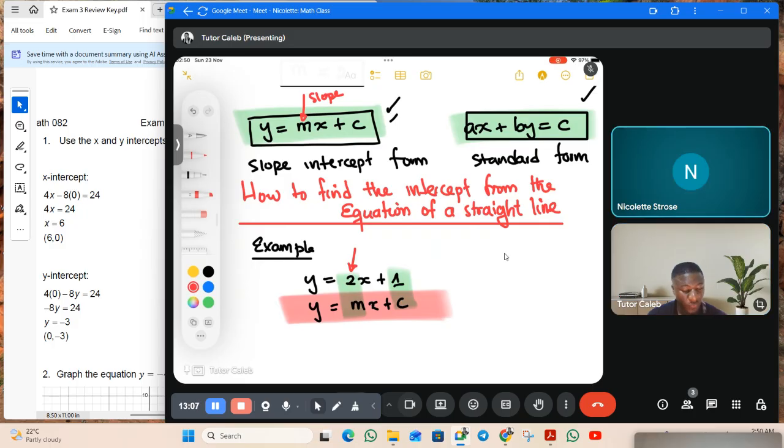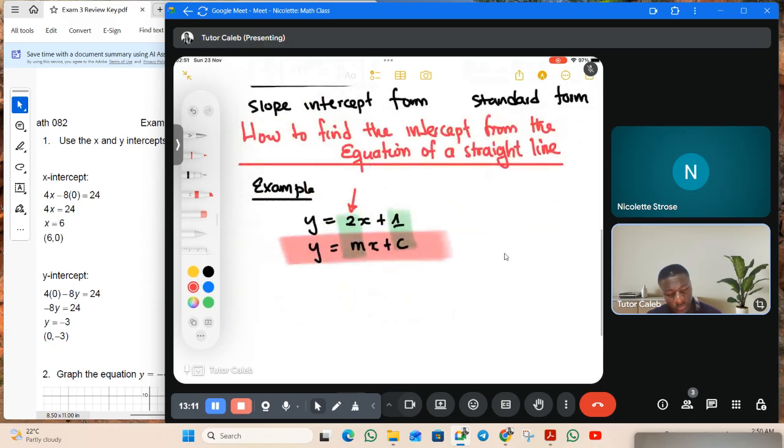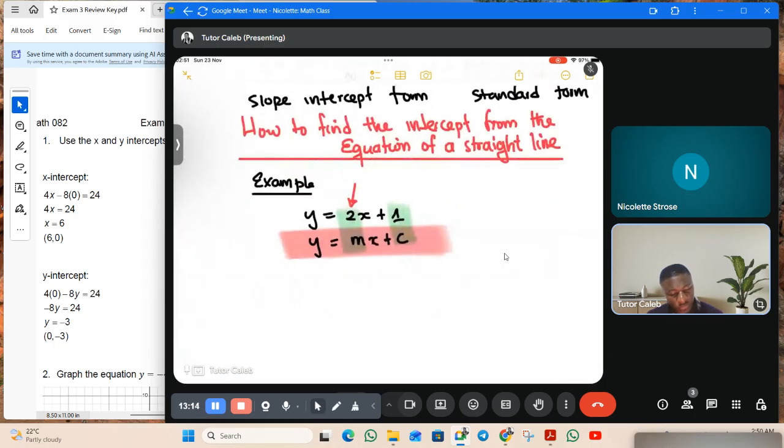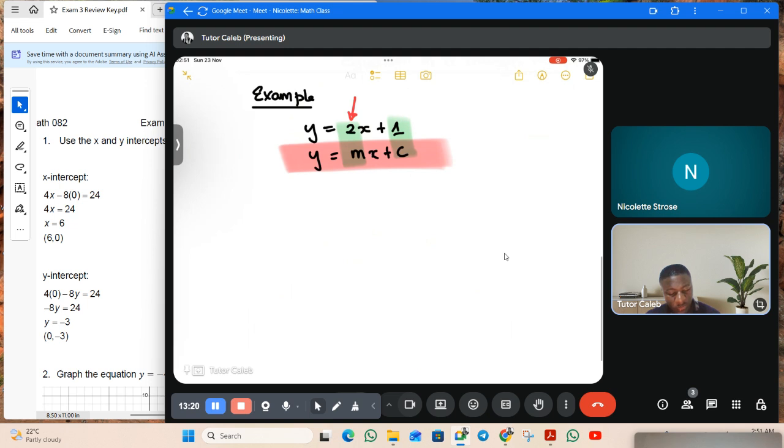Okay. So in this example, how do you find the intercept? To find the intercept of a line, we had y equals 2x plus 1. You are going to consider two situations. The first is when x equals 0.